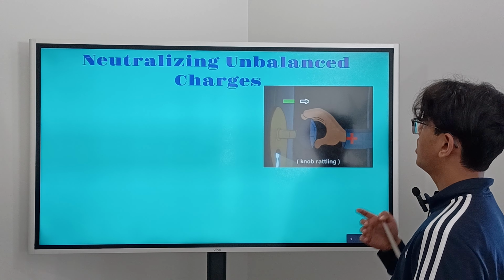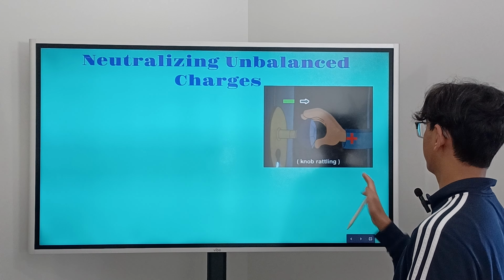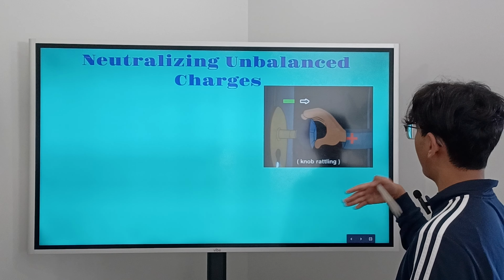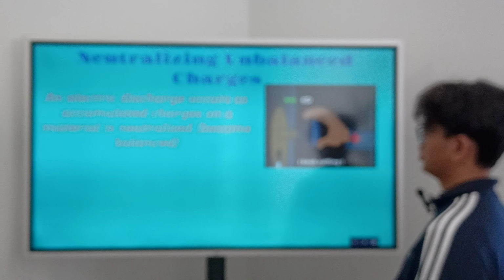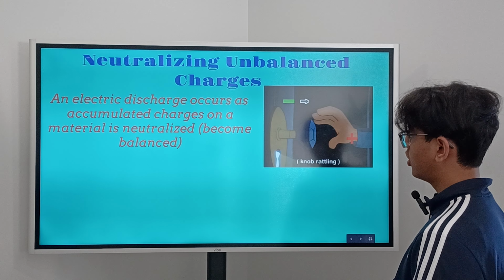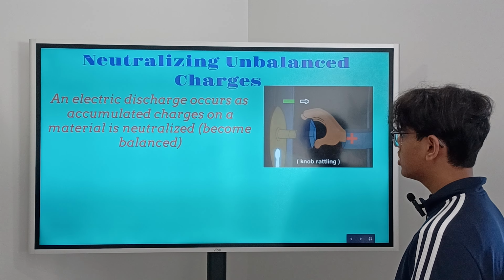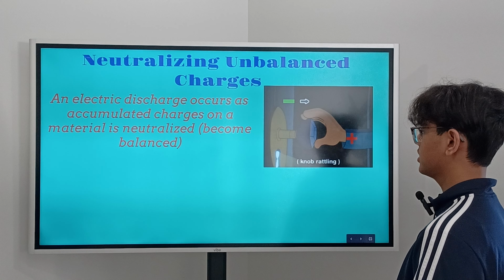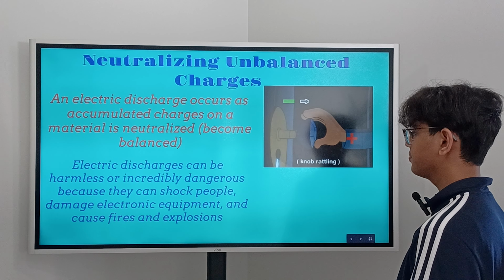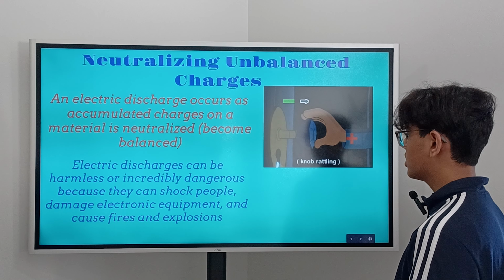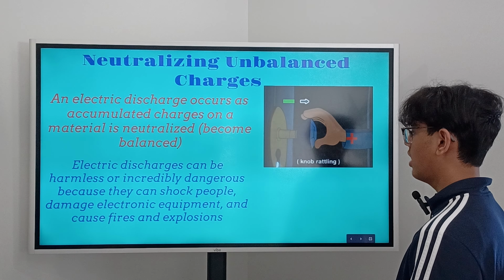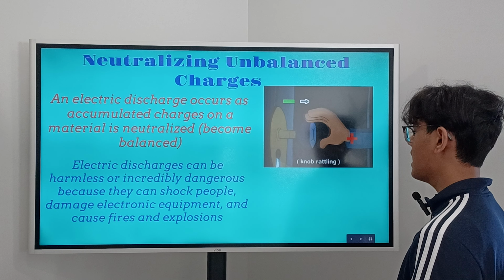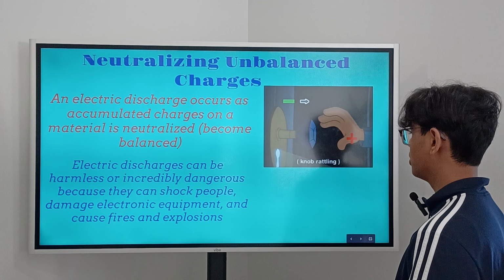So now let's cover what neutralizing unbalanced charges means. We're going to take the same example of the doorknob and the person that's positively charged. An electric discharge occurs as accumulated charges on a material are neutralized and become balanced. An electric discharge can be harmless or incredibly dangerous, because it can shock people, damage electronic equipment, and even cause fires and explosions.